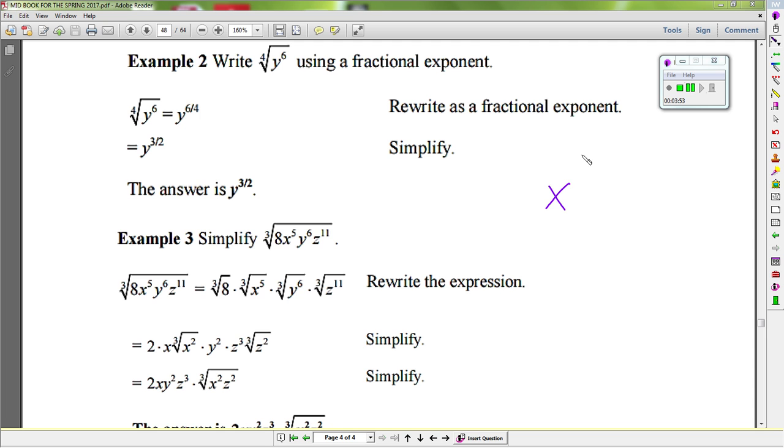If we have x as the base and the exponent is the fraction m over n, we have a base with a fraction exponent, and we can write this as a radical with the root n, so n root of x, all of that to the power m.